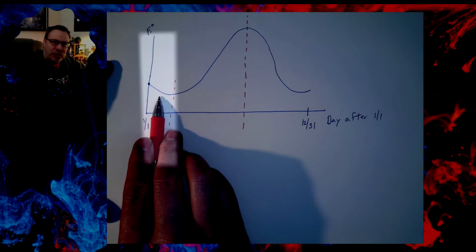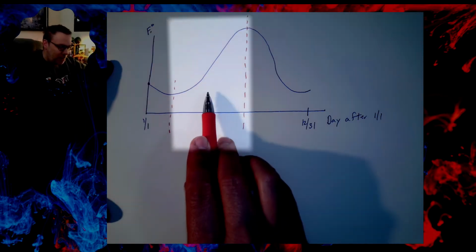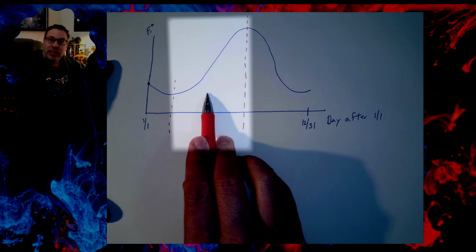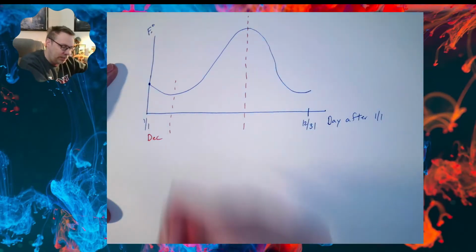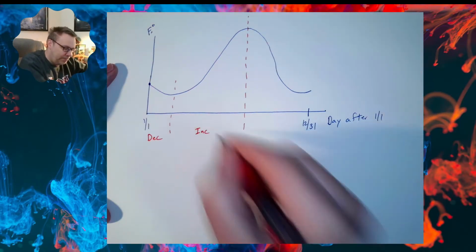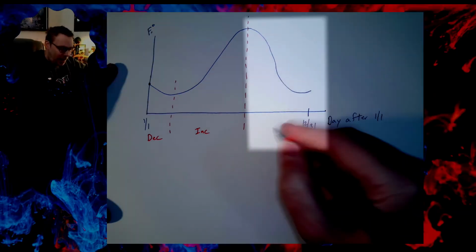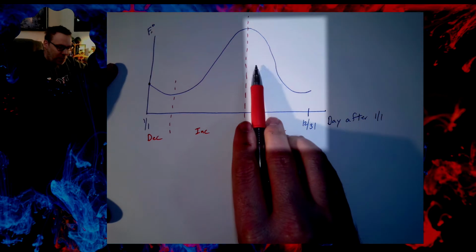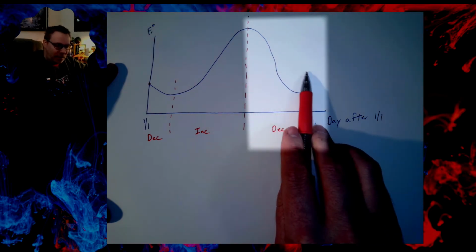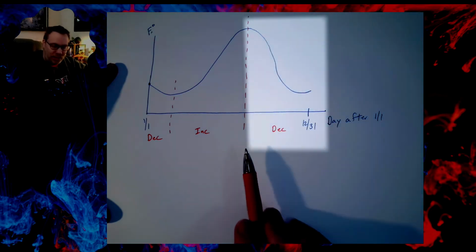In other words, the temperature is getting colder. In this part of the graph, it's an increasing function. So I will abbreviate this with decreasing and this with increasing. And then if you look over here, I also have a decreasing idea. In other words, as I move from left to right, the temperature values go down.